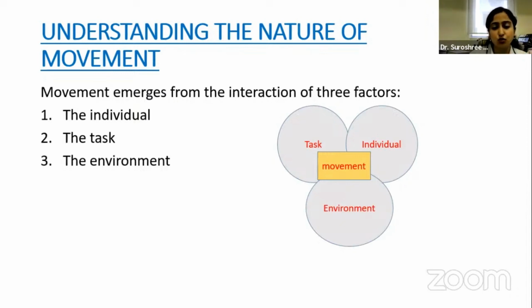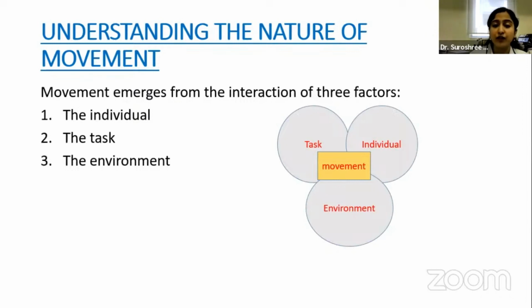Similarly, if you have seen stroke patients, when you ask them to stand from a height that is taller, they will be able to stand. But the moment you ask your patient to stand from a lower height, they'll have some difficulty. So that is how environment plays a role. And combining all these three factors, that is task, individual, and environment, movement will result.